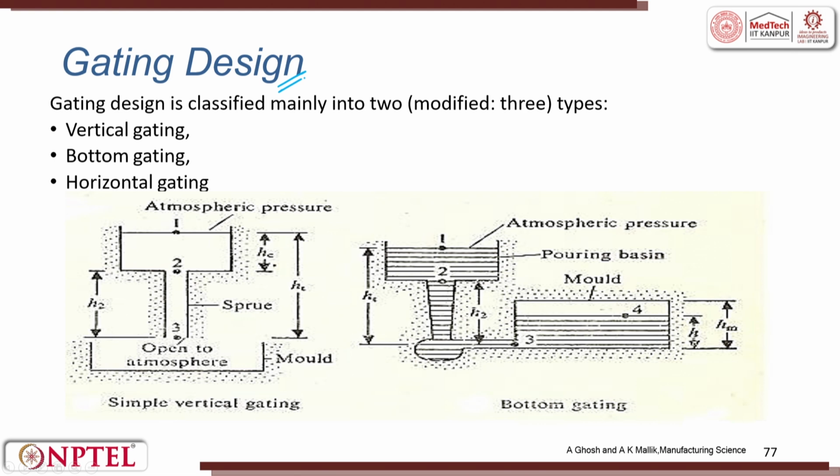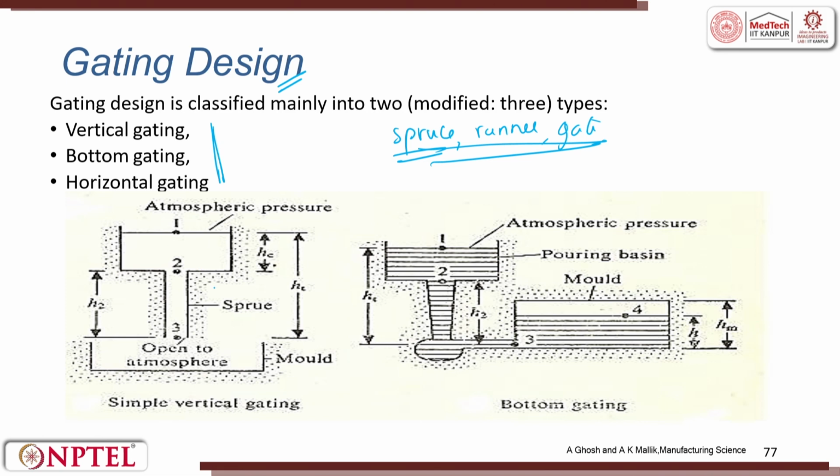There can be three types of gating system. One is called the vertical gating system, two is the bottom gating system, and the third one is the horizontal gating system. When we talk about the gating design, the sprue is also included: sprue, runner and gate.